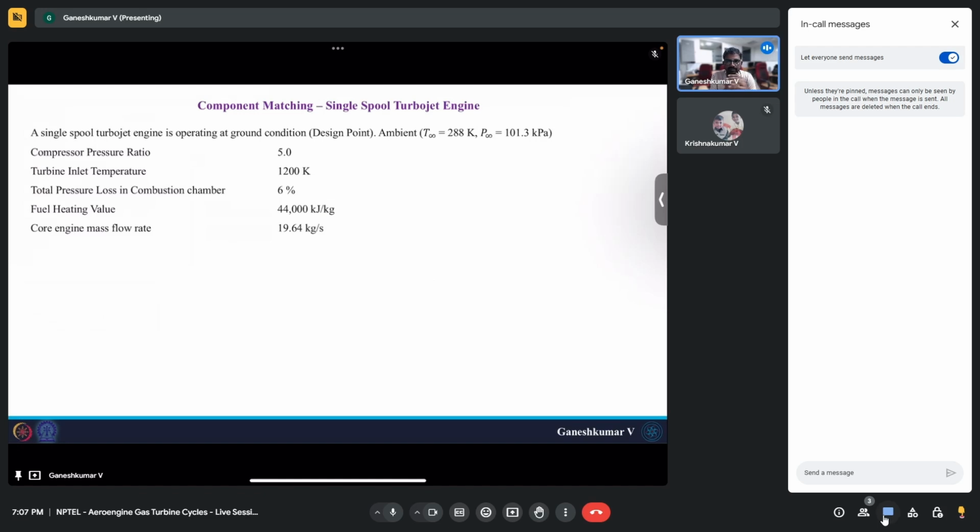At the end of the day we also get the area of the nozzle, A9 basically. Once you get A9, that fixes the entire engine, designed for certain ambient pressures and temperatures. Usually that design point will be in ambient condition.